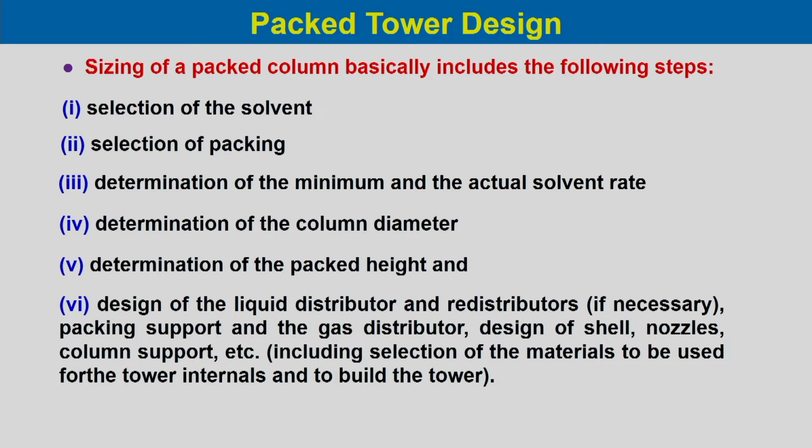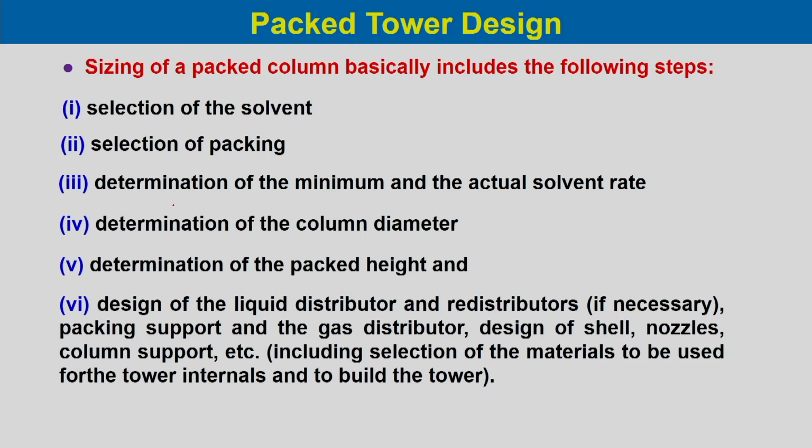Among these, for the sizing of the packed towers, the selection of the solvent we have already discussed in our last lecture. Then selection of packing material, different types of packing material we have already discussed, but the detailed design of the packing material you will learn in your design course. It is mostly to enhance the interfacial area and reduce the pressure drop inside the column.